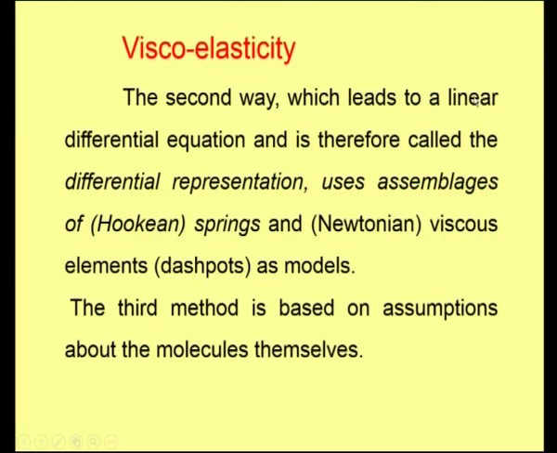The second way results in a linear differential equation, which is the differential representation using assemblages of springs, an example of Hooke's law, and a viscous element, a dashpot or damper, an example of Newton's law of viscosity or a Newtonian fluid. The second one is the differential approach, which involves these springs and viscous elements as the fundamental building blocks. The third method is based on assumptions about the molecules themselves.